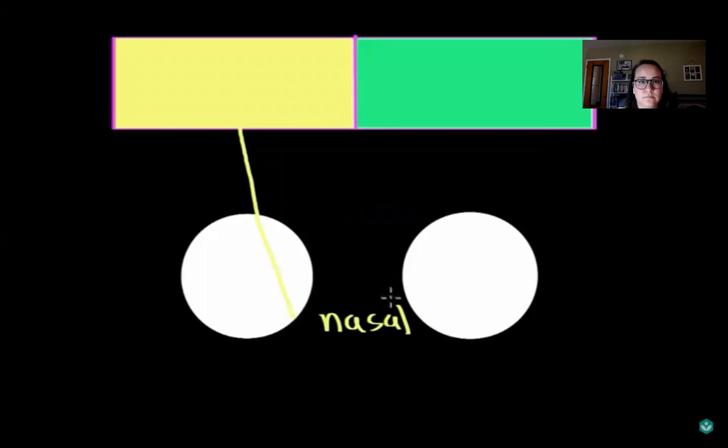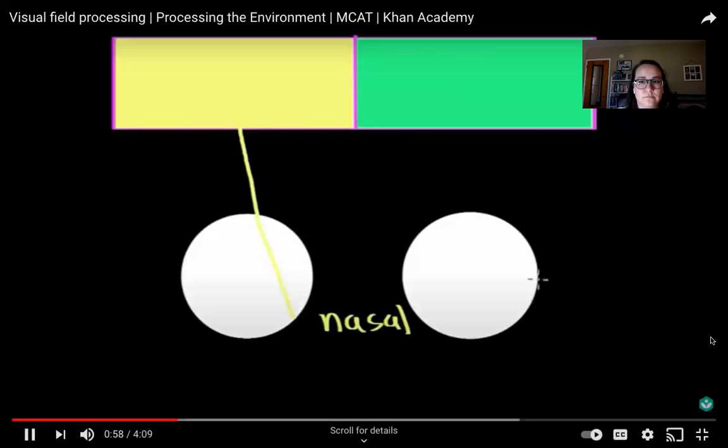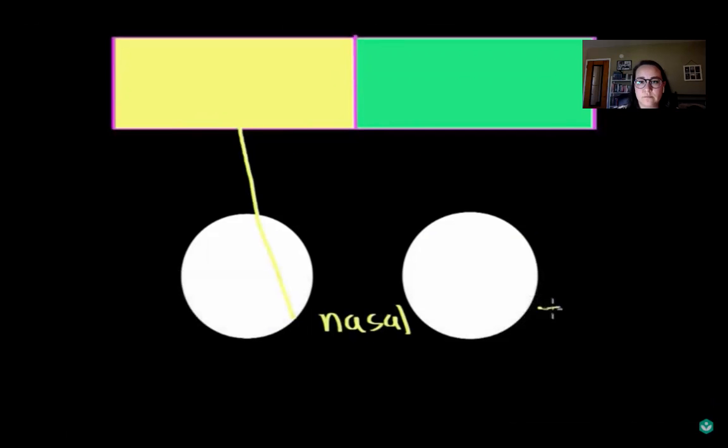So the nasal side is the side of the eyeball closest to the nose, and then this outside part of the eyeball, which is over here and over here, is known as the temporal side of the eyeball because it's closest to your temples. So a ray of light coming from the left visual field will hit the nasal side of the left eye, and a ray of light coming from the left visual field will hit the right eye, be bent a little bit by the lens, and it'll hit the temporal side of the right eye.